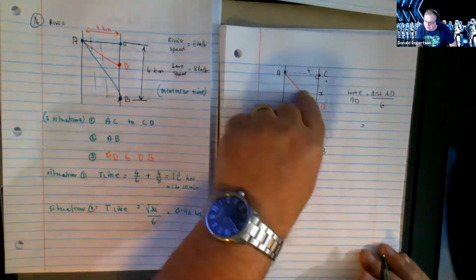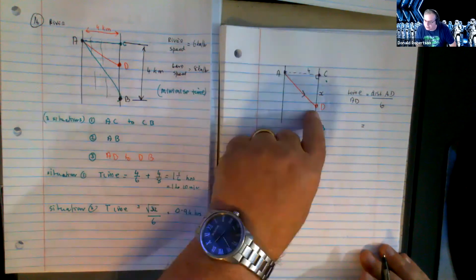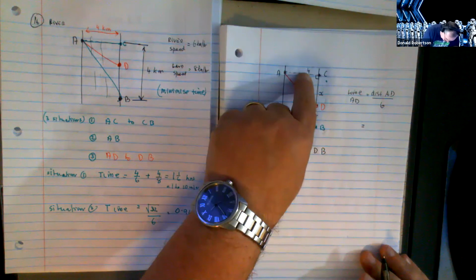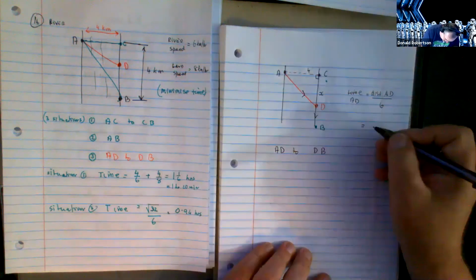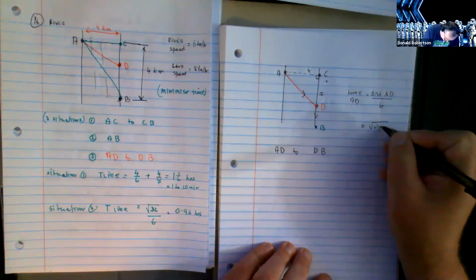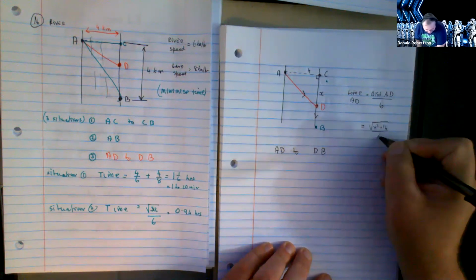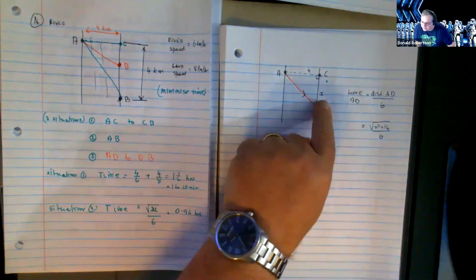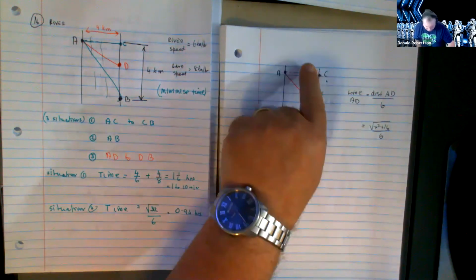Then won't AD be the hypotenuse of a right angle triangle where the sides are 4 and x? And can I put the square root of x squared plus 16 divided by 6? Are you happy about where the x squared plus 16 came from? It's this side squared plus that side squared, right? And then the square root of it.